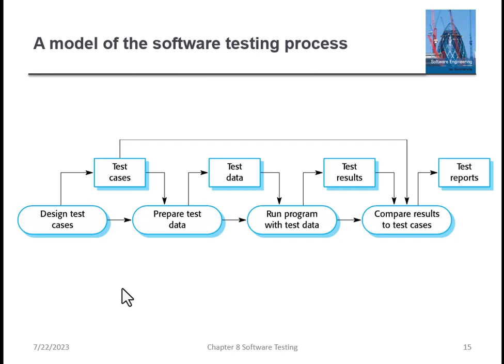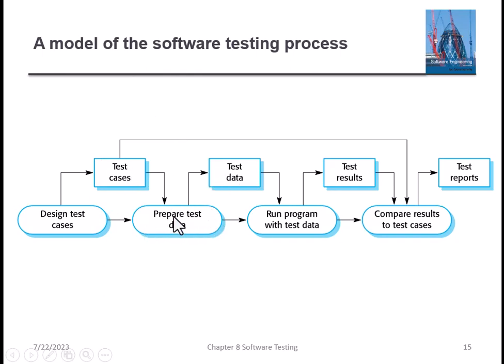For example, the test identifier number, which module or requirement should be tested, the testing type, the testing level, the testing category, the input of the test, the expected output of the test, and then, at the end, the real output. So test cases are designed, and then based on these test cases we prepare test data.